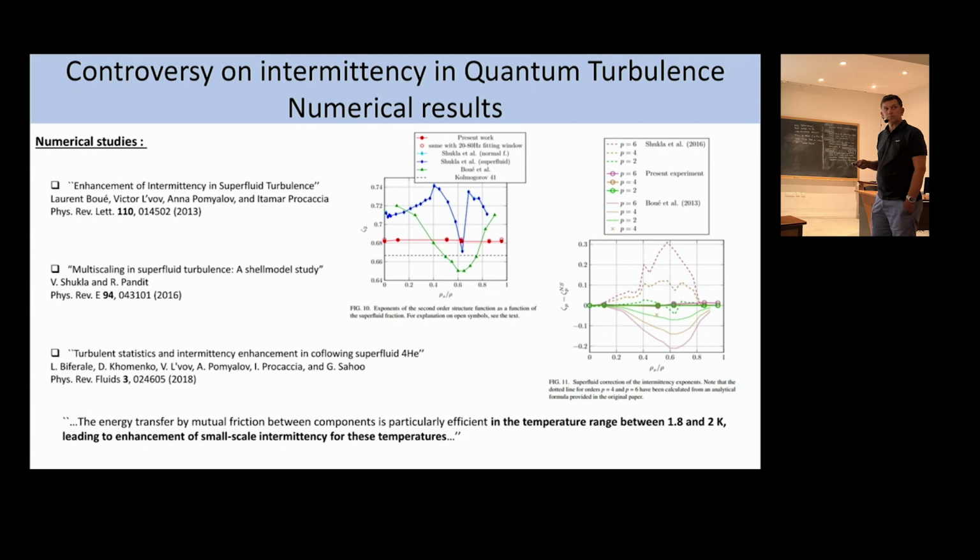In particular, we have this first set of results where they find an increase of intermittency, and another set of results where they find a decrease of intermittency. So there is a lot of confusion about intermittency in quantum turbulence and whether it depends or not on the temperature.